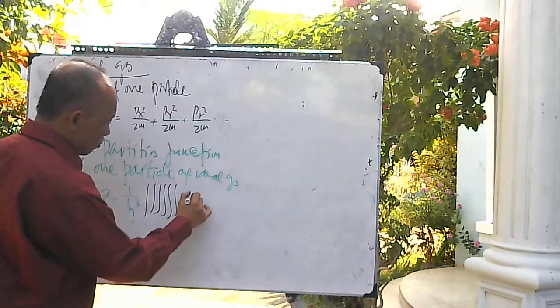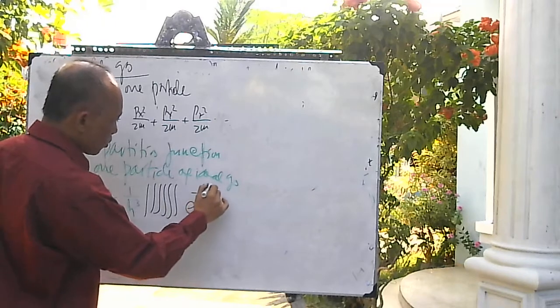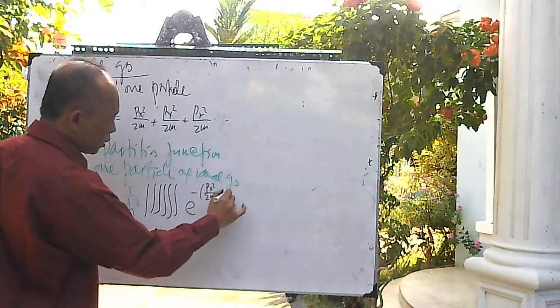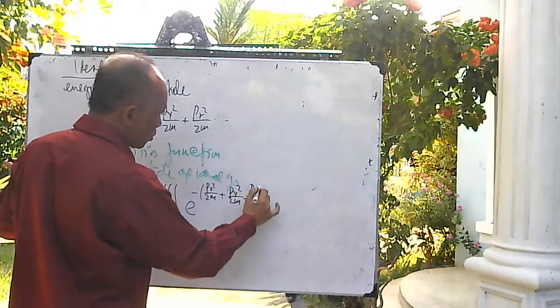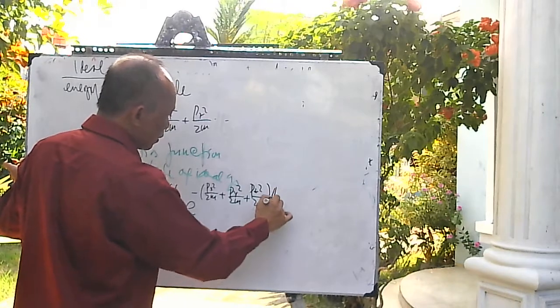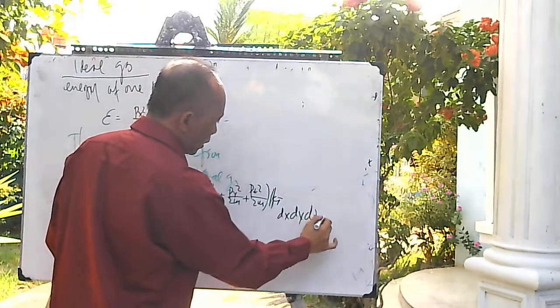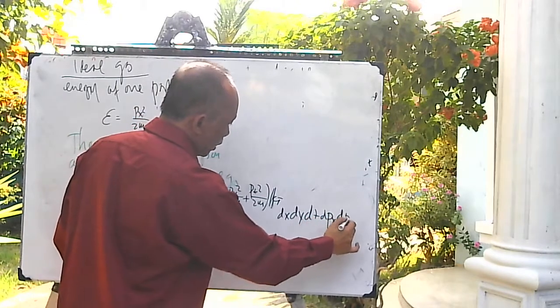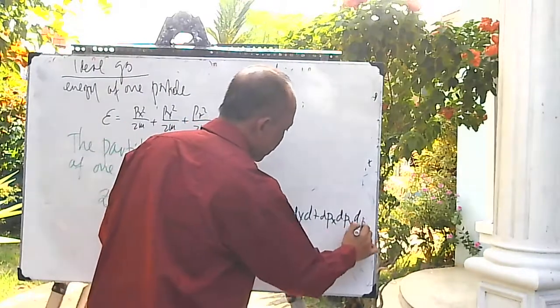This is exponent minus, we apply this one, px squared over 2m plus py squared over 2m plus pz squared over 2m, divided by kT. And then this is dx, dy, dz, dpx, dpy, dpz.